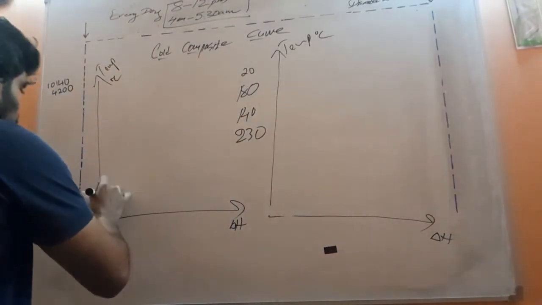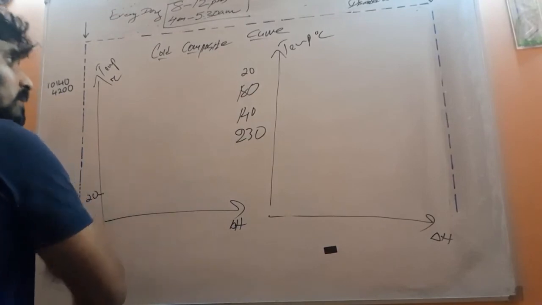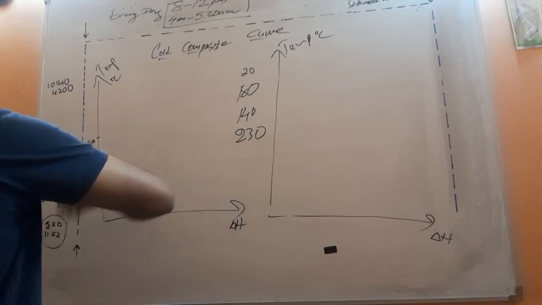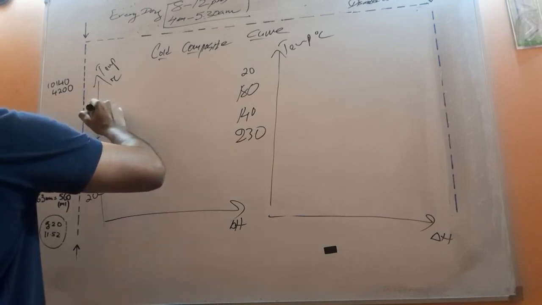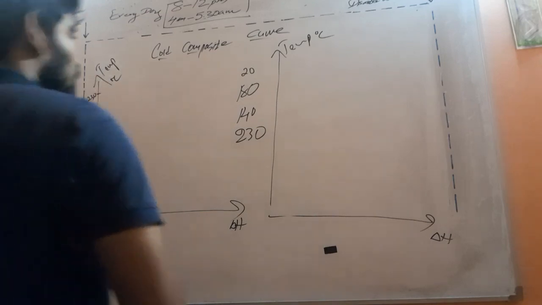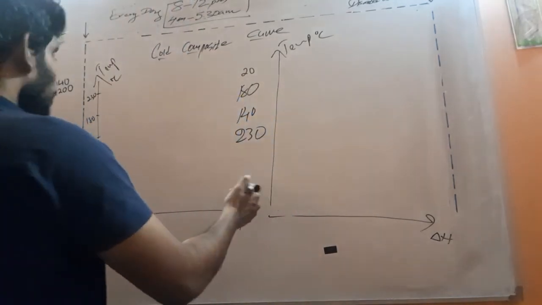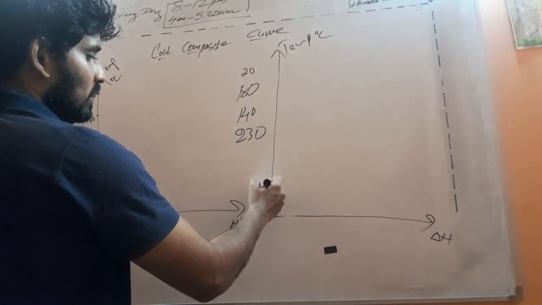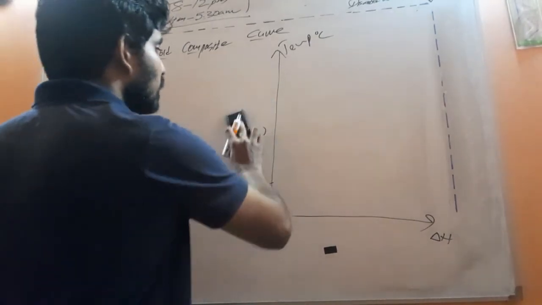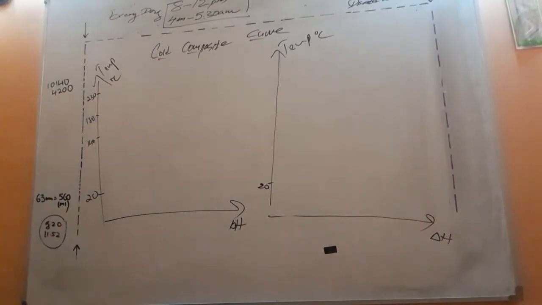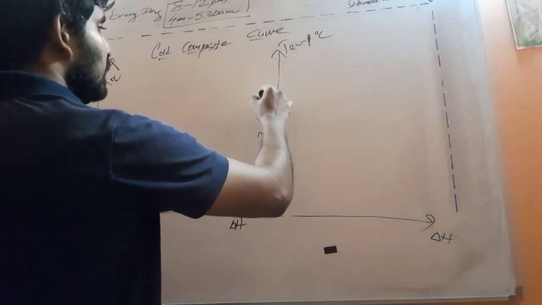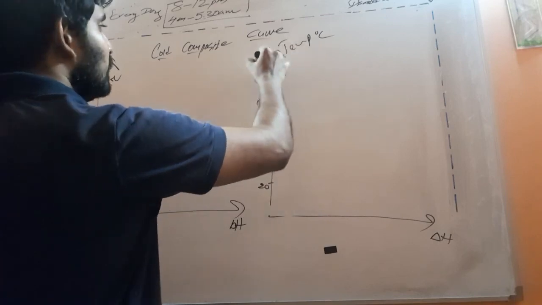Let's say 20 somewhere here, 140 somewhere here, 180 somewhere here, 230 somewhere there. Here we have 20. Now we can erase this one. 20, then 140, 180, 230.